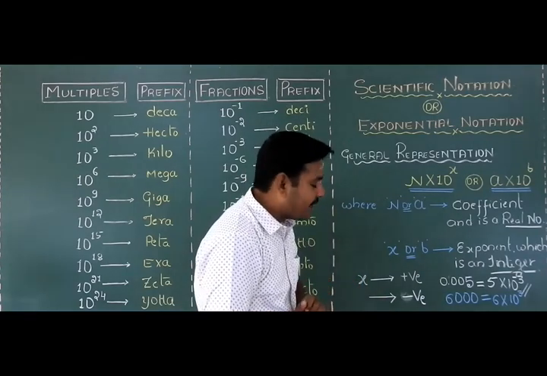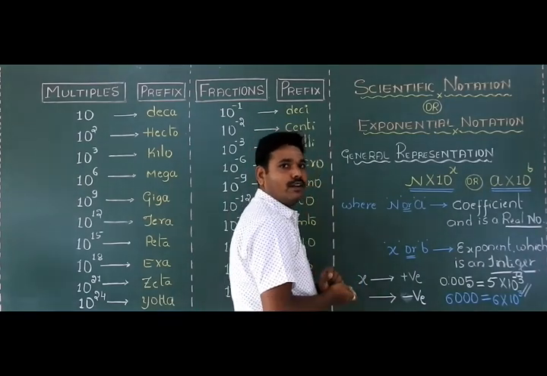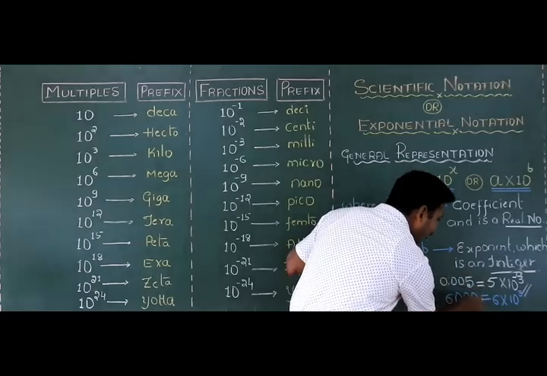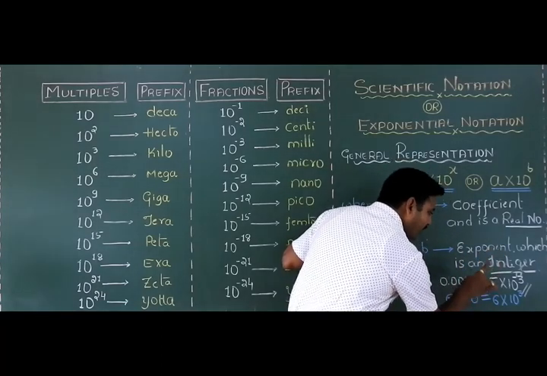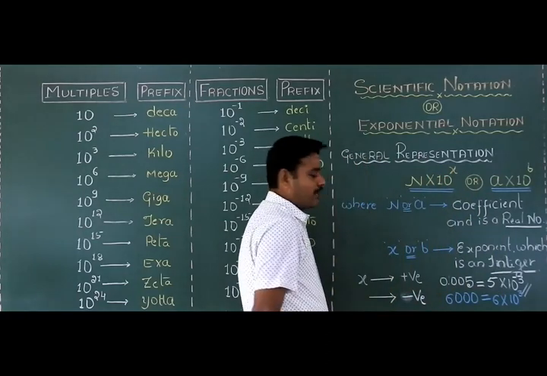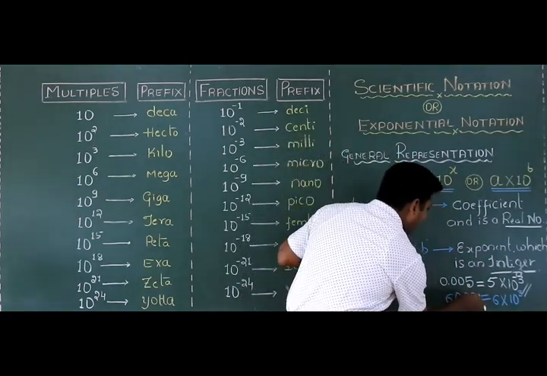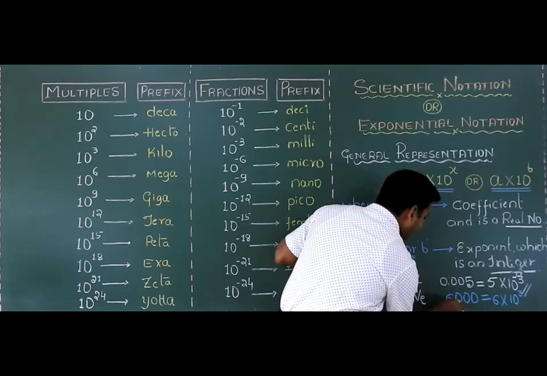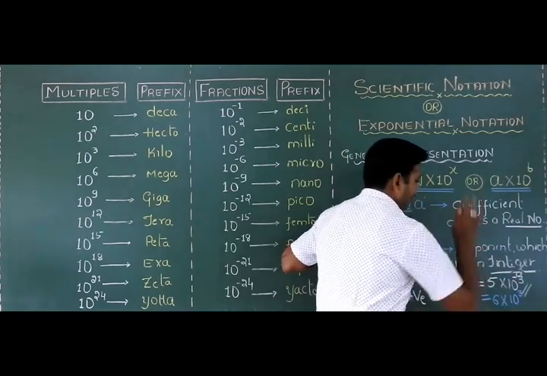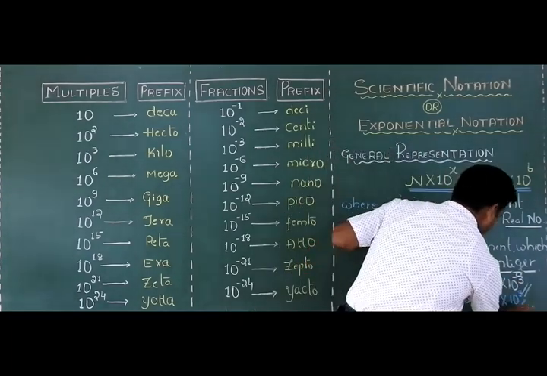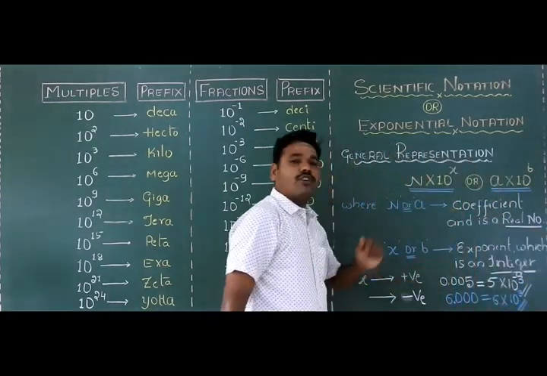Once again, in this case also count the number of digits and then shift the decimal point. So 1, 2, 3, and here you put the decimal point. Students, so 6.0 or 6 into 10 to the power of plus 3. So this is regarding the scientific notation for a given number.